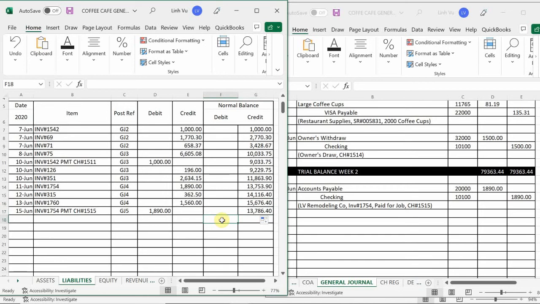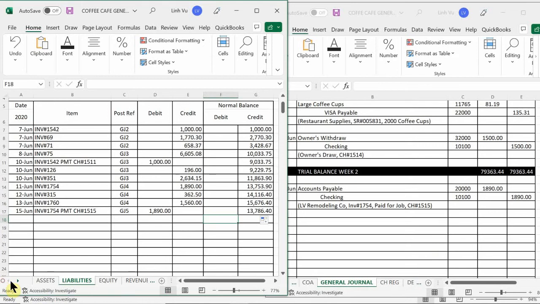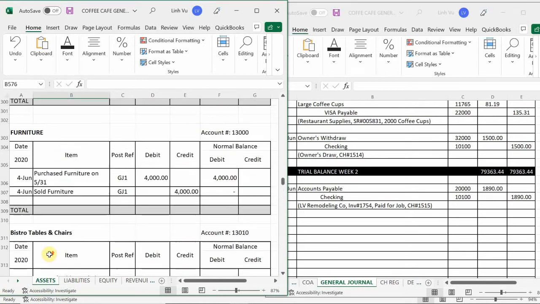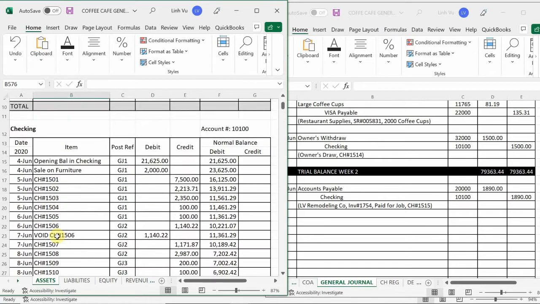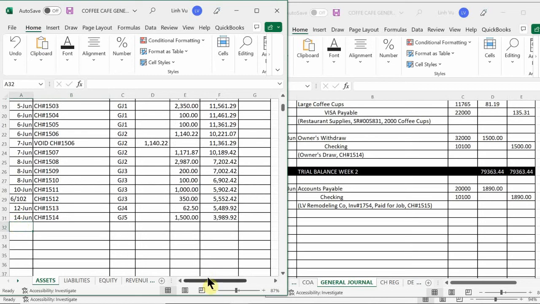Now we can go to checking, because now we spent more money, right? So we need to update my checking account to let me know how much I have. So here we are, checking.